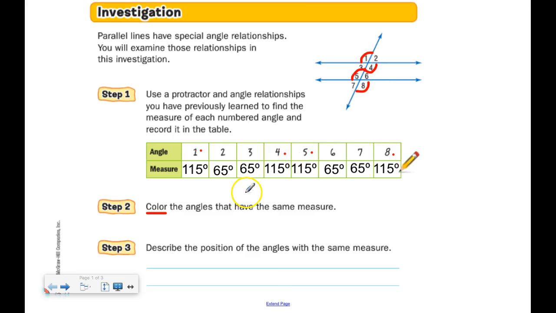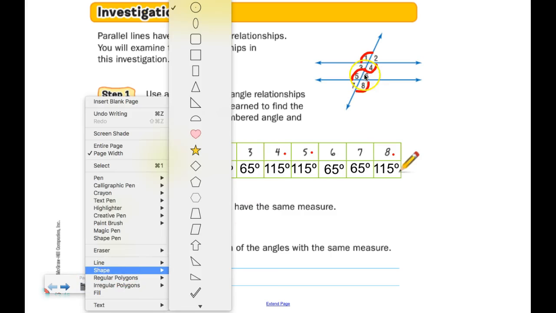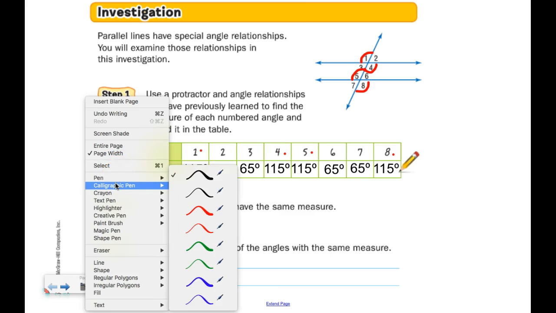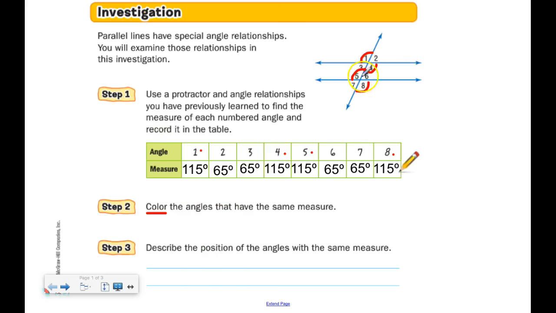Now, when you take your second color, you notice that we made one curve. When you take your second color, not only are you going to make the curve with all these congruent angles, so now 65 degrees for number 2, number 3, number 6, and number 7, but I'm also going to make 2 of these curved marks, which just makes it easier to see.